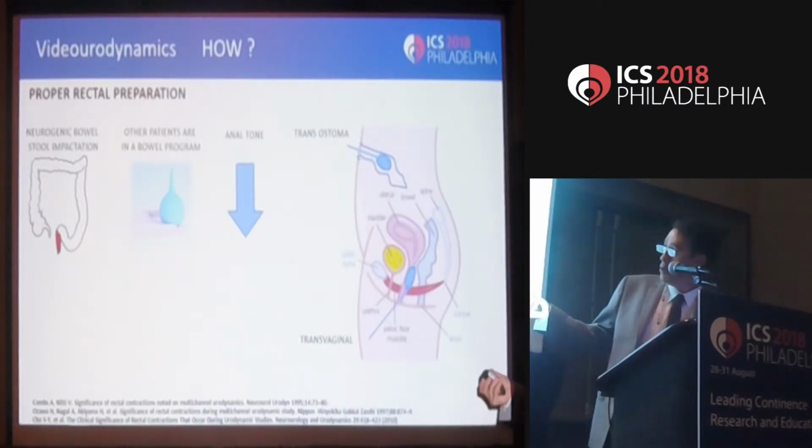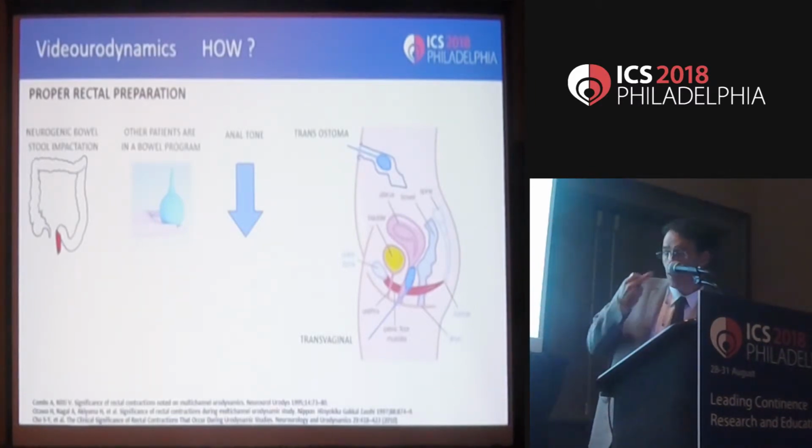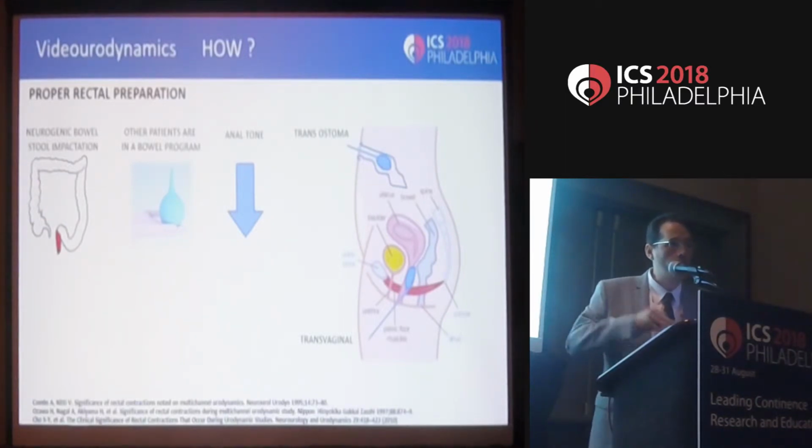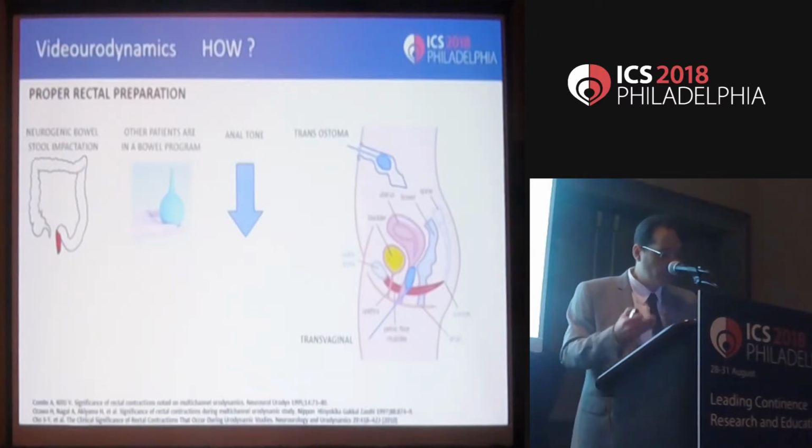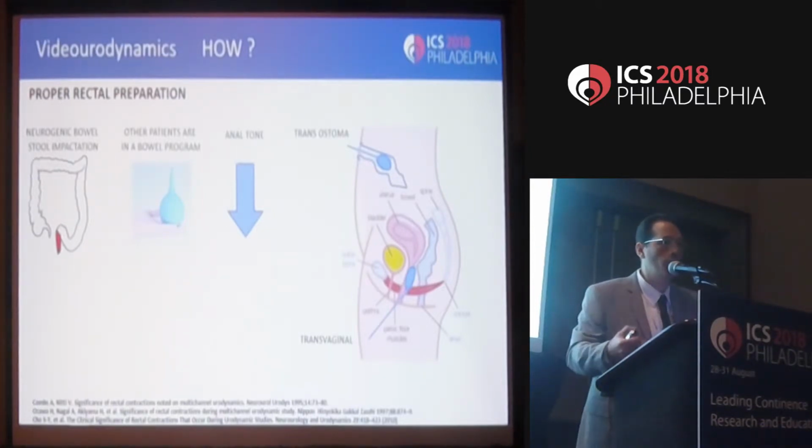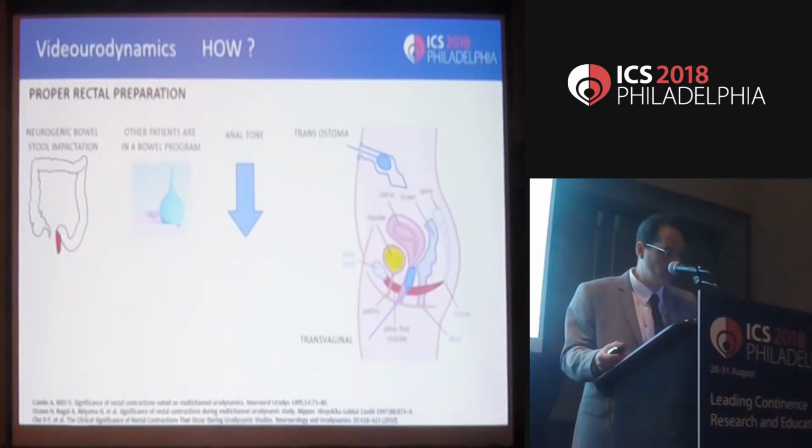A lot of patients have diminished anal tone, which is another problem, because during the procedure the abdominal pressure reading goes down, and sometimes the balloon comes out of the rectum, so you have to start all over again. In a patient with a great motor disability, this is not easy to do.